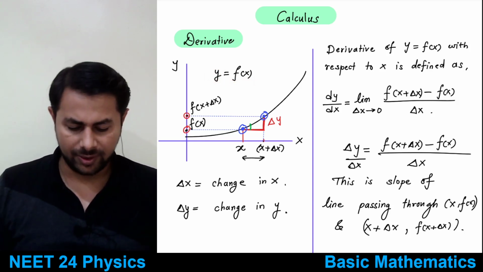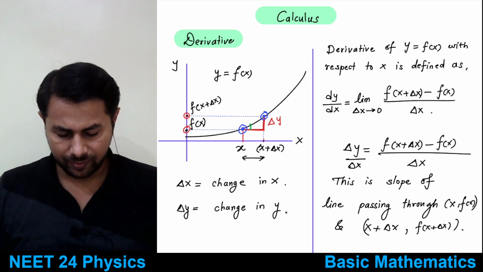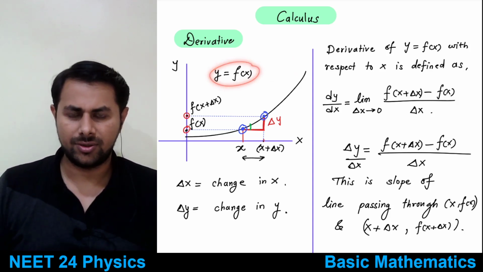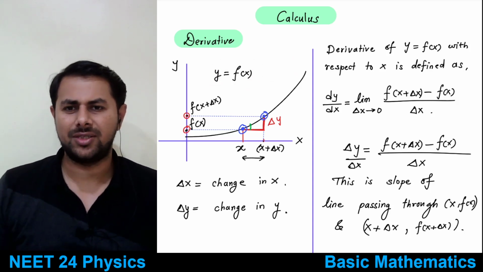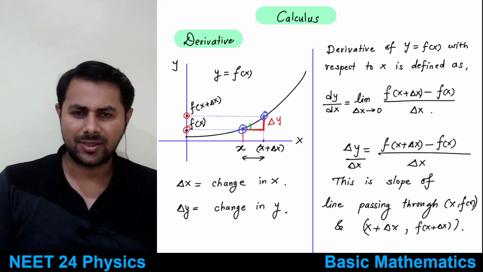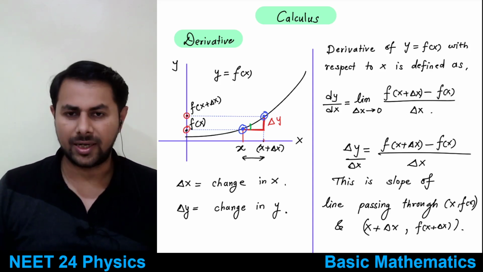This can be anything, like y equals x square. That is known as a function. Yesterday we discussed when it is a function: for every value of x you have one and only one value of y.